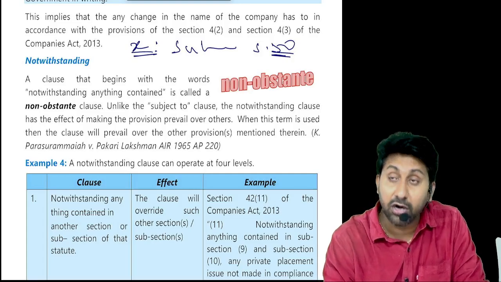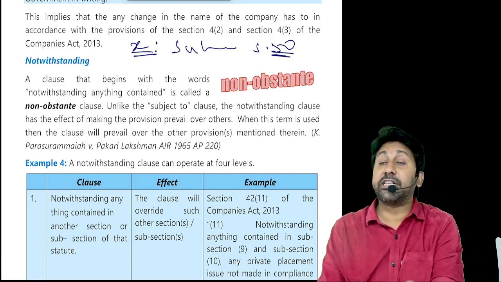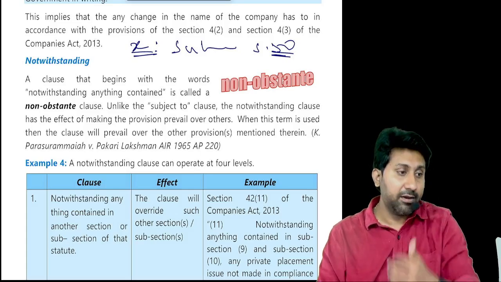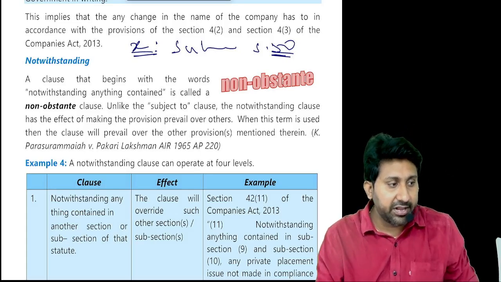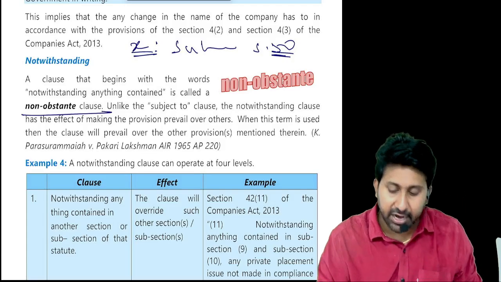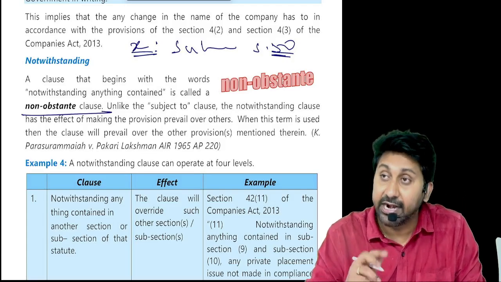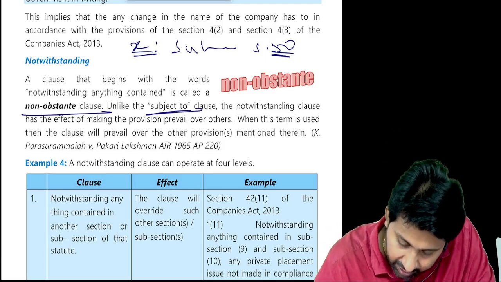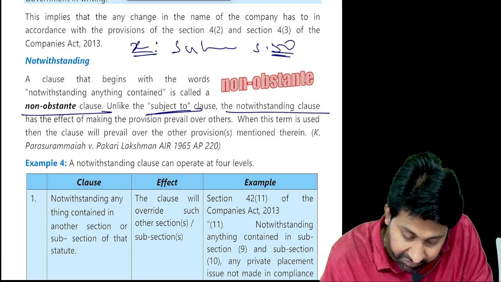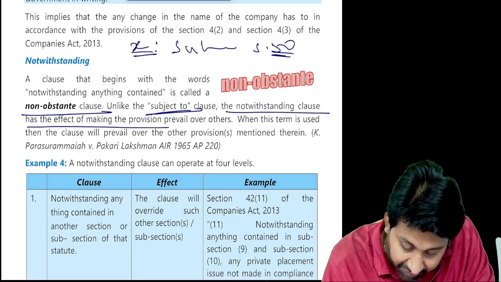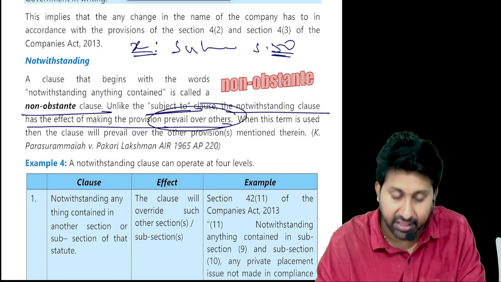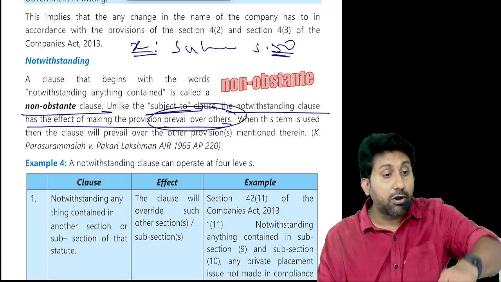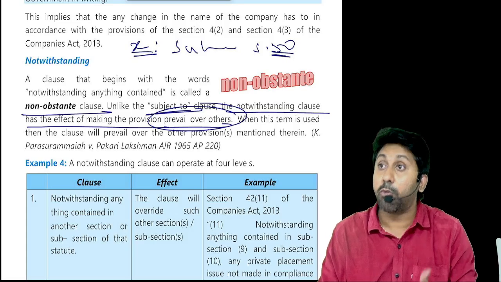Notwithstanding means the section which uses notwithstanding will prevail. Notwithstanding is called a non-obstante clause. It is opposite to subject to. So a clause having a notwithstanding clause has the effect of making the provision prevail over another. Means the section using notwithstanding will have more energy, more power.